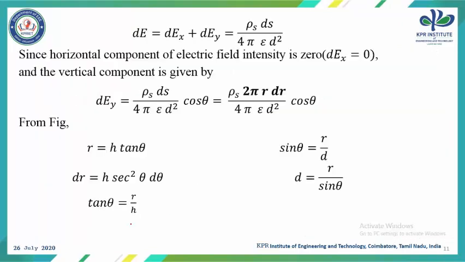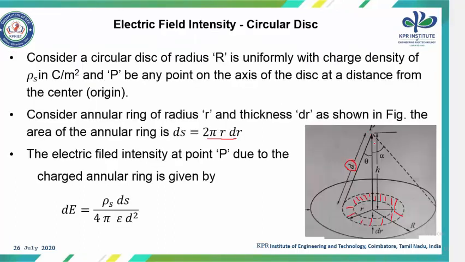Clear? Now you want to find the electric field intensity, so dE equal to dEx plus dEy. You know the basic formula for dE, which is rho s into ds divided by 4 pi epsilon into d squared. Here epsilon equal to epsilon naught into epsilon r. Just look at the figure, this direction, it may be like this, or it may be like this.